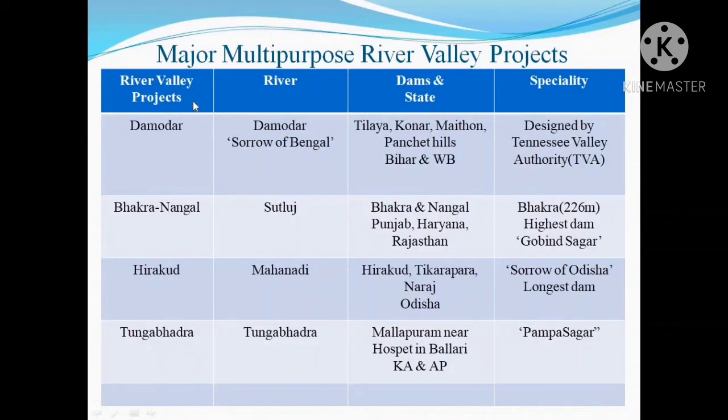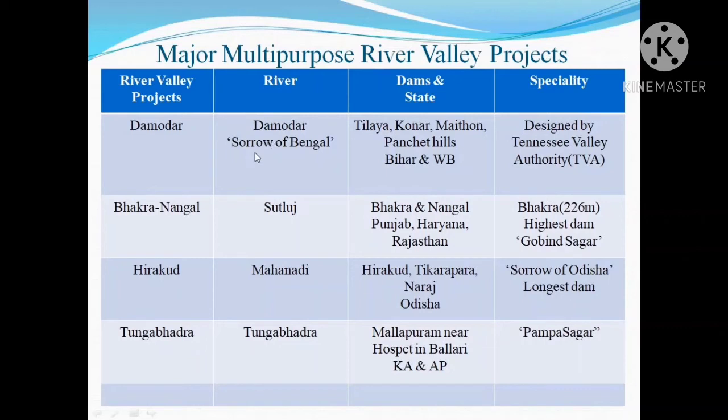Okay, some multi-purpose river projects we will discuss today. The first is the Damodar River Valley project, the first multi-purpose river valley project in India. It was constructed across the river Damodar.